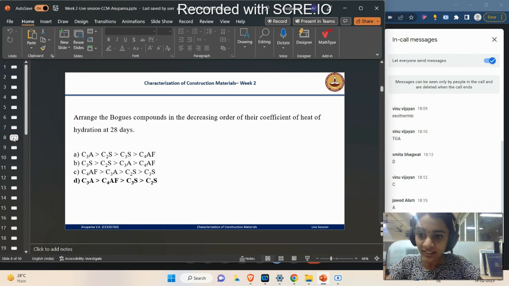Option A states C3A has higher and least is C4AF. Option D states C3A has higher and C2S has least. Option B says C3S has higher, C4AF has least. Option C says C4AF has higher and C3S has least. Arrange the Bogue compounds in the decreasing order.